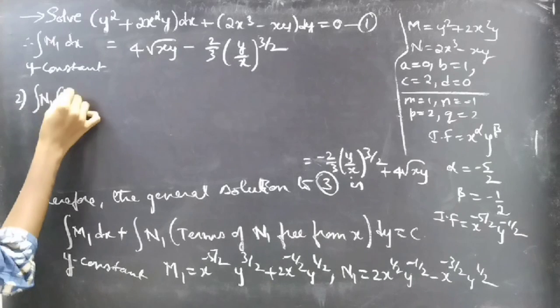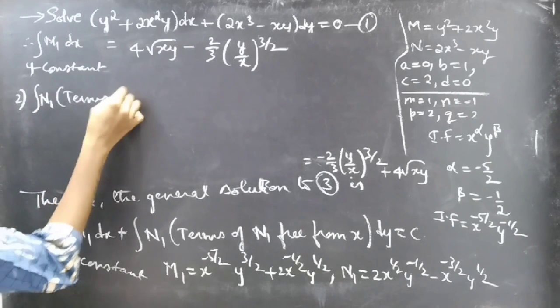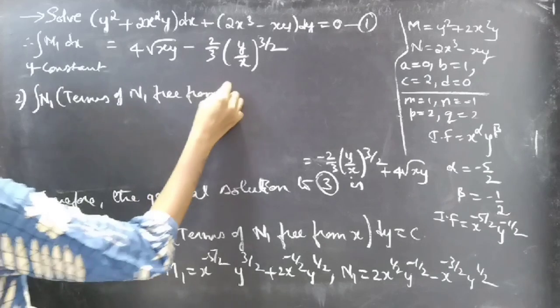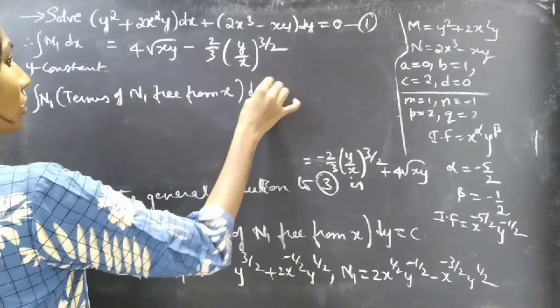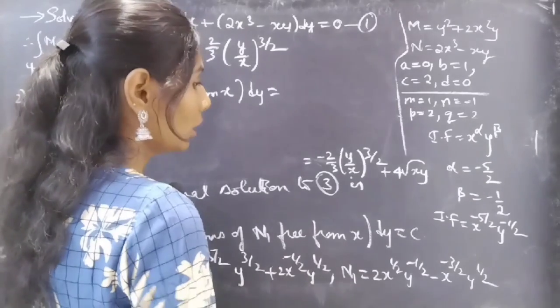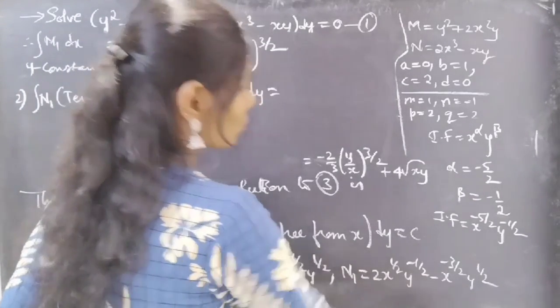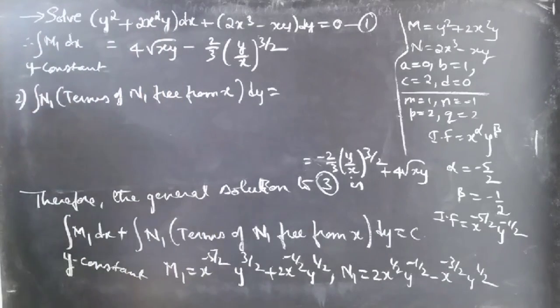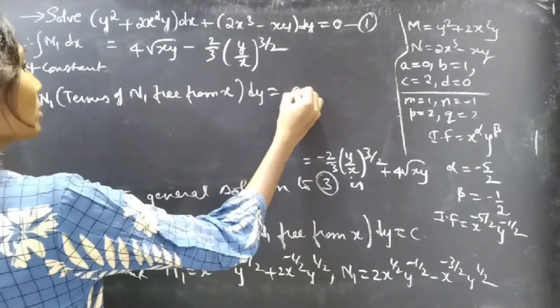Integral of the terms of N1 free from x into dy. Just look at N1. In N1 we don't have terms which are free from x, right? In both the terms we have x. So integral of the terms of N1 free from x is 0.